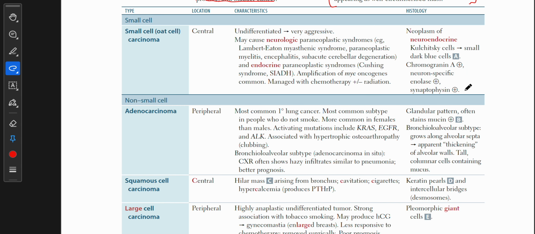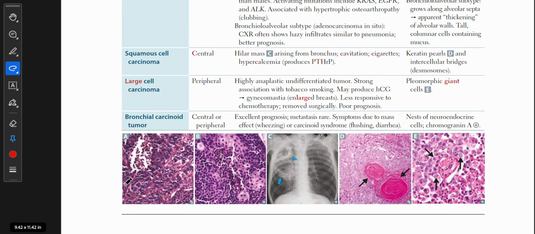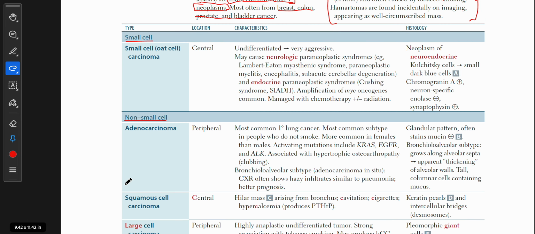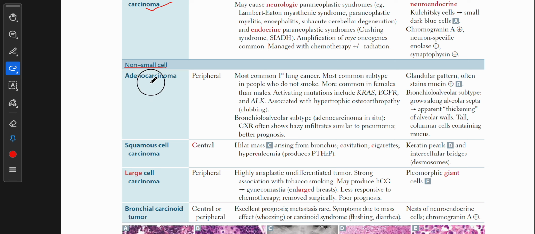So there are types of lung cancer as we talked about earlier. There is small cell carcinoma and non-small cell, and that is it. In small cell, we have small cell or oat cell carcinoma. In non-small cell, there is adenocarcinoma, squamous cell carcinoma, large cell carcinoma, and bronchial carcinoid tumor.